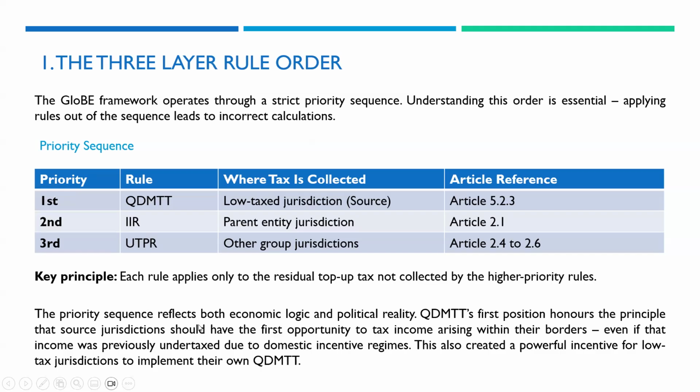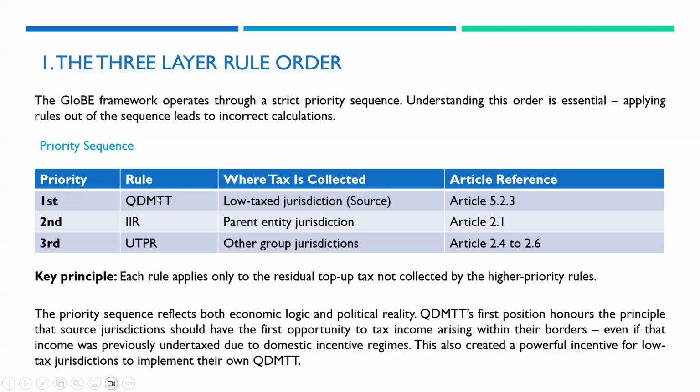Now, why is there such a priority? Because it reflects both economic logic and political reality. QDMTT's first position honors the principle that source jurisdictions should have the first opportunity to tax income arising within their borders, even if that income was previously undertaxed due to domestic incentive regimes. This also created a powerful incentive for low-tax jurisdictions to implement their own QDMTT, right?